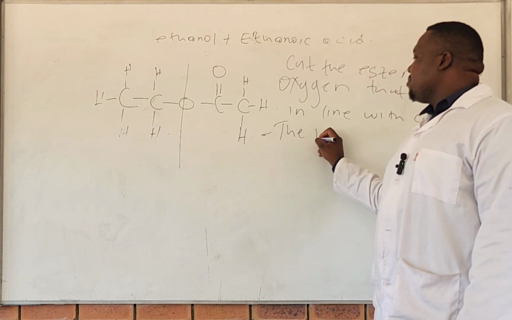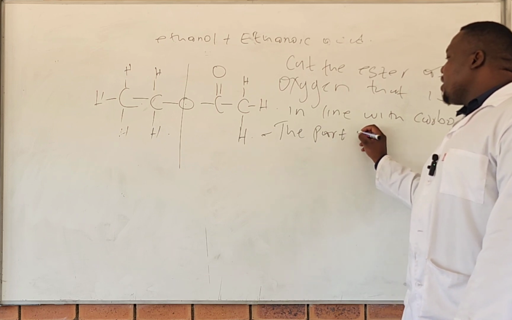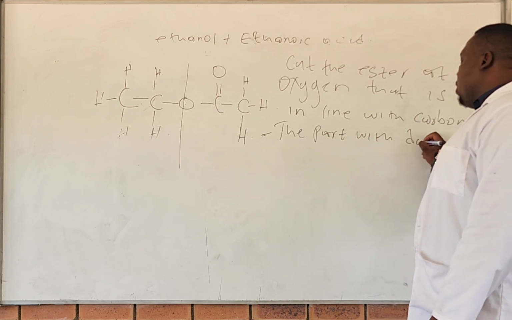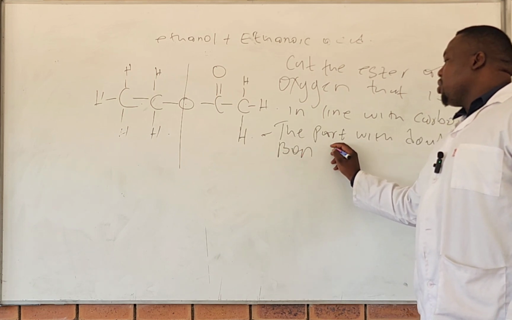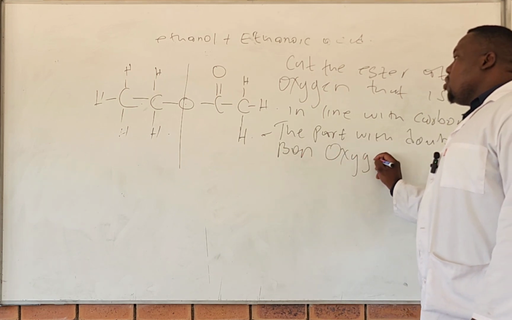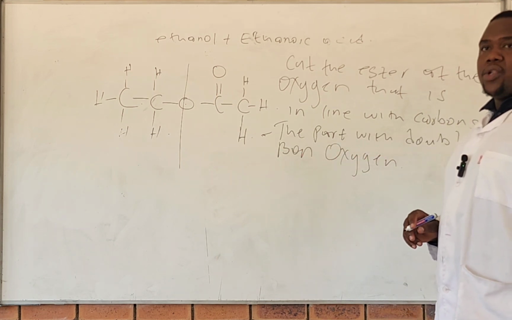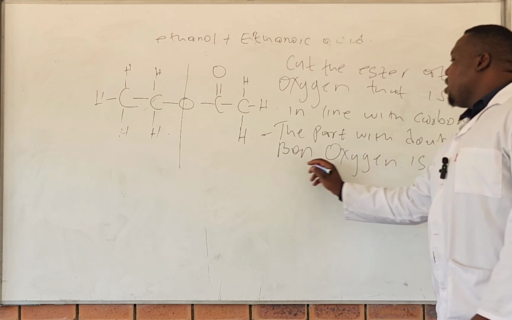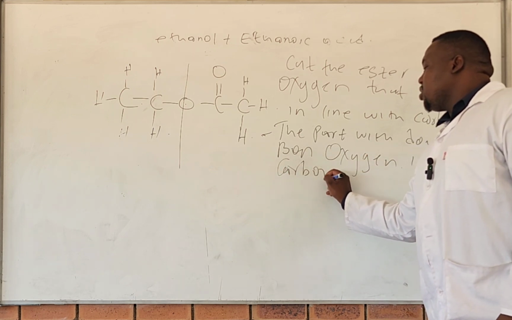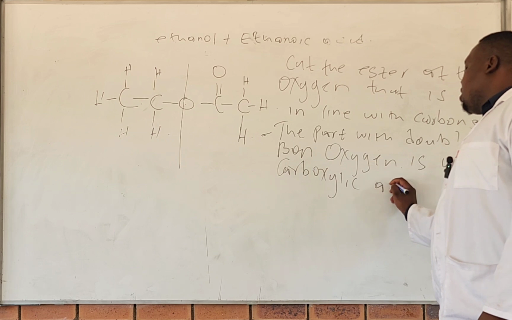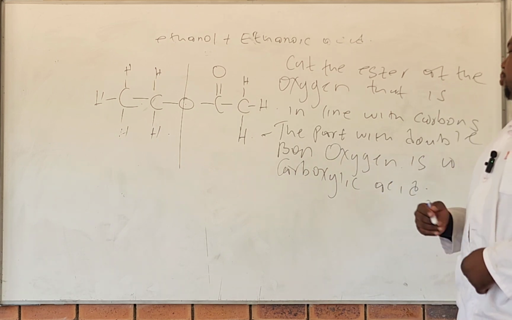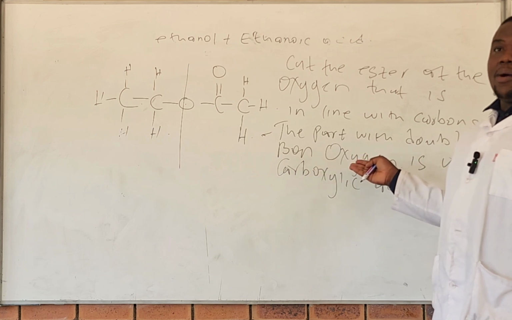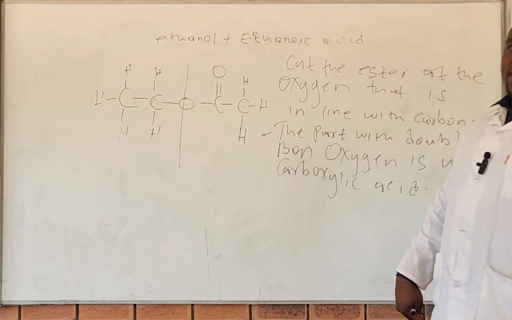The part with double bond oxygen is a carboxylic acid. So the part which has got the double bond oxygen is a carboxylic acid.